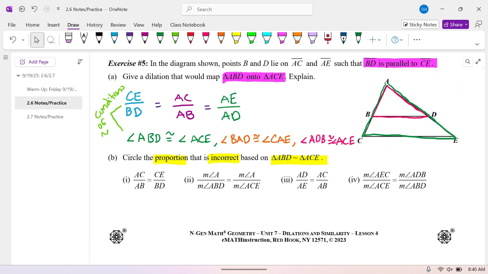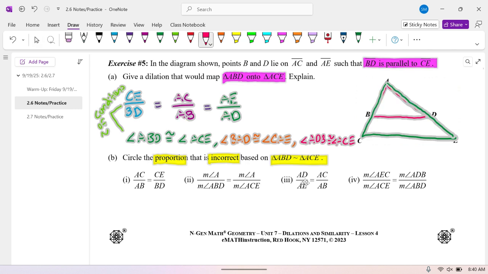This fraction right here, what's going on in comparison to this one? Lucas. Right, so they mismatched the wrong sides. AD does not correspond to AC. Or in other words, it's not on the same triangle. So if we fixed it, this would have to be flipped.